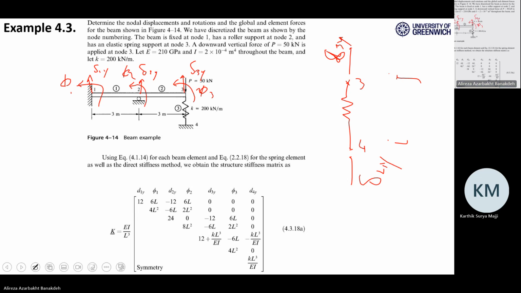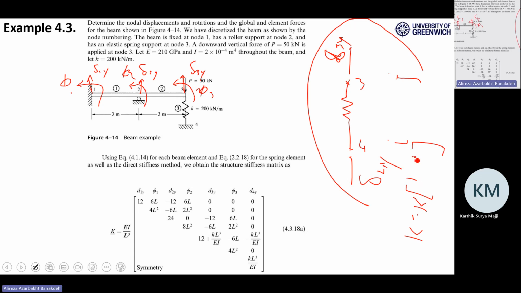And you know, when we say this is the spring, the stiffness matrix for the spring is K times 1, minus 1, minus 1, 1, right? Whatever you used to do, just repeat that.